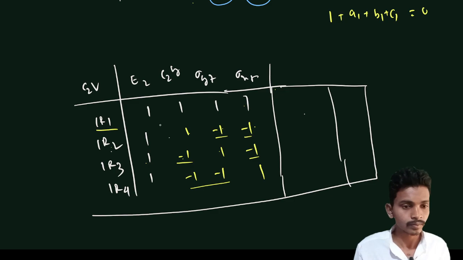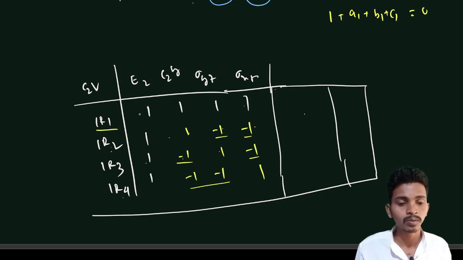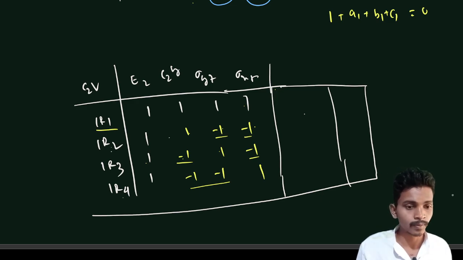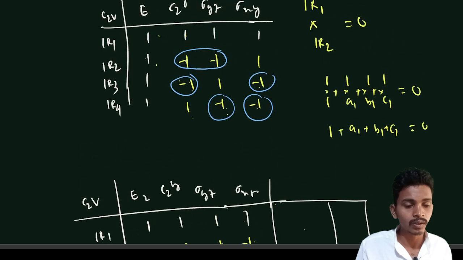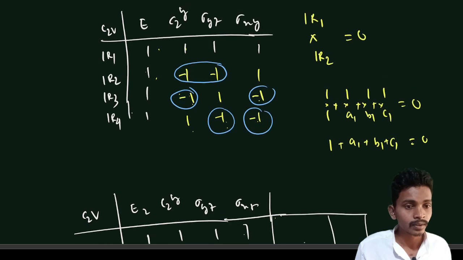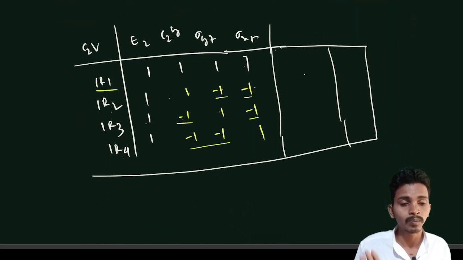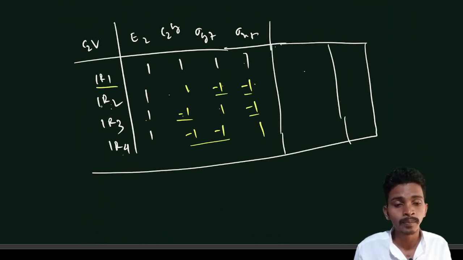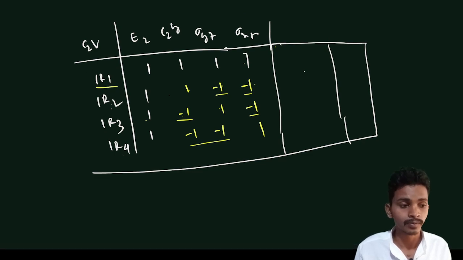Now for representing these IR1, IR2, IR3, IR4 values, we have to follow another 4 rules. By using the orthogonality theorems, the GOT, we find the characters of the irreducible representations, and by using another 4 rules we find the symbols of the irreducible representations.